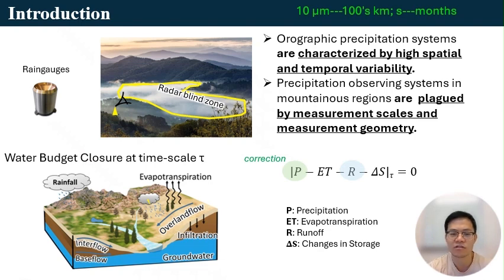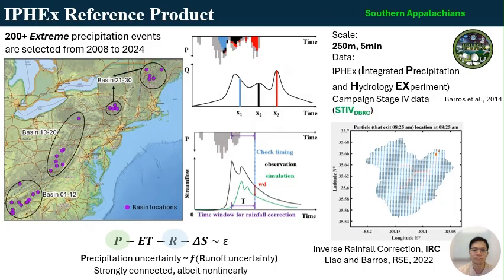At these very small time scales, we're assuming that evapotranspiration and changes in storage are minimal. This allows us to connect precipitation and streamflow physically, and to backtrack the water difference, for example between the simulated and observed streamflow, backwards to where the precipitation comes from and apply corrections to the precipitation both in space and time.